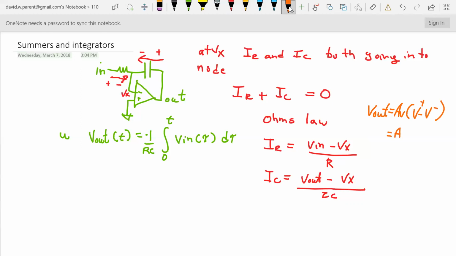V plus is tied to 0, so we have 0. V minus is Vx, so we get 0 minus Vx. So now V out equals minus AV Vx. So while we only have one nodal equation, because it's this nonlinear device, we actually need this bit too. Otherwise, we can't really solve it.